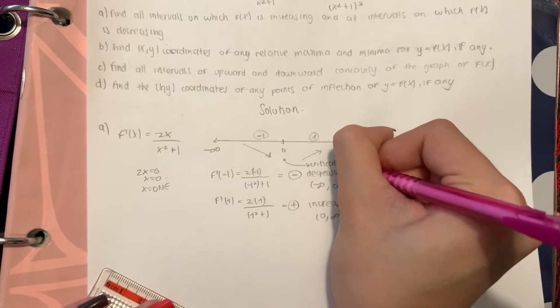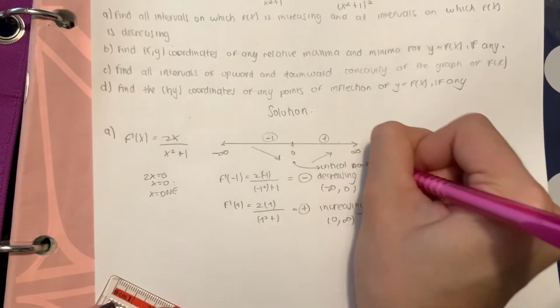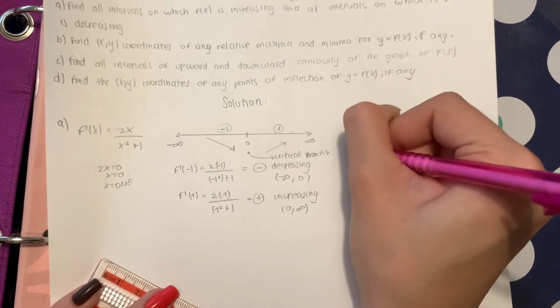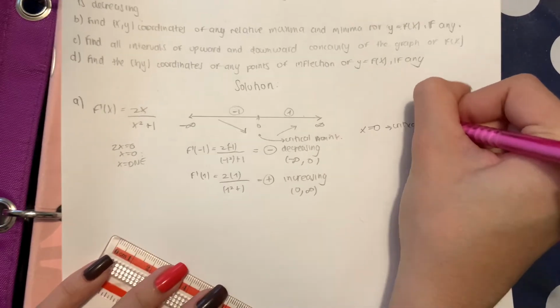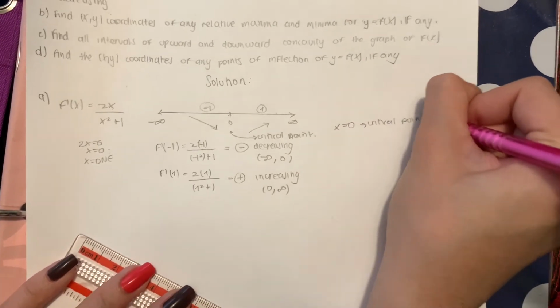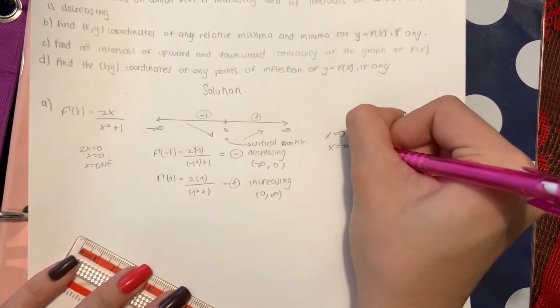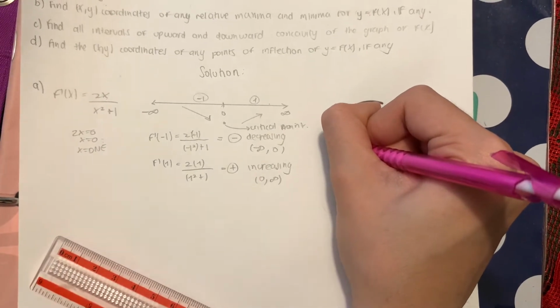To find that point, which is part B, we know that x is equal to 0. So we have to take the original function, which is ln of x squared plus 1.